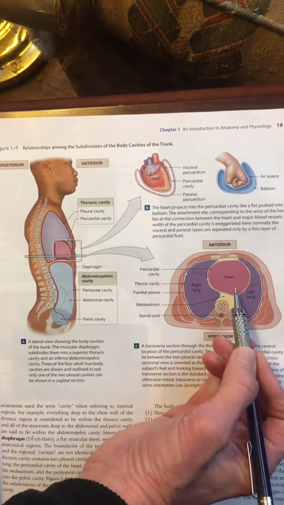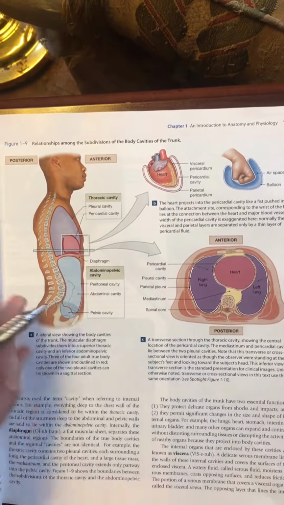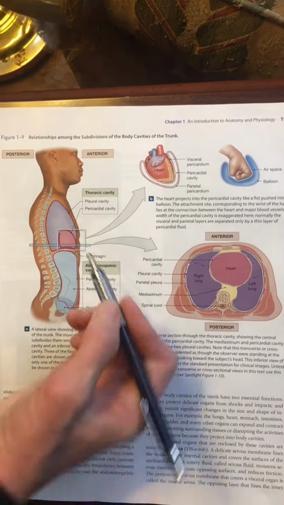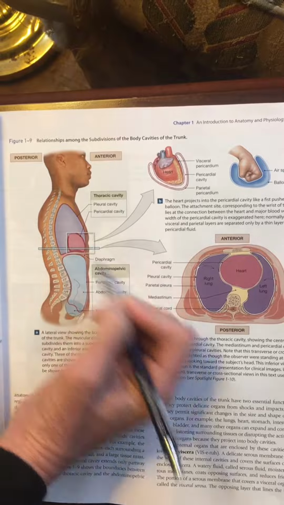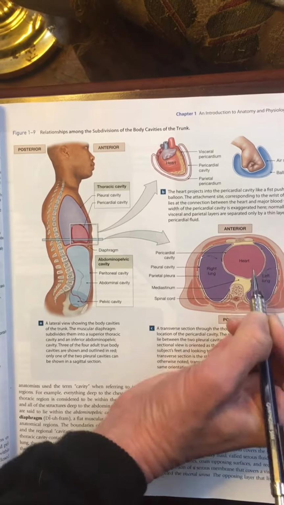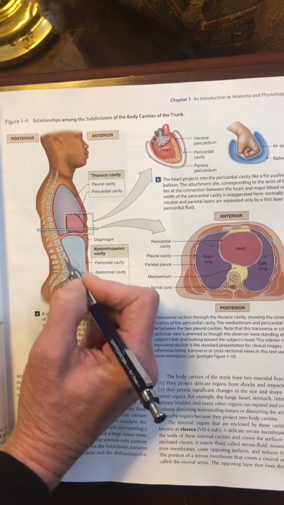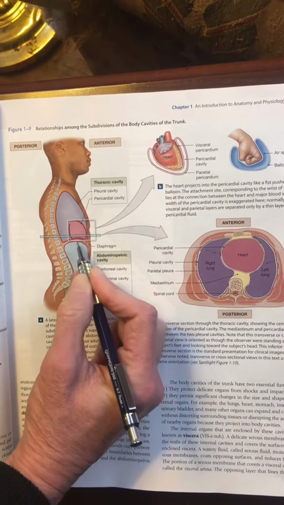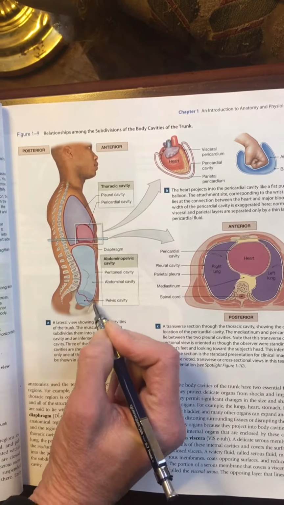But we have three types of cavities that are bounded by serous membranes. And I'll tell you what a serous membrane is in just a second. You have the pleural cavities, which surround the lungs, the pericardium, which surrounds the heart, and the peritoneum, which surrounds many of your visceral organs in the abdominopelvic region.